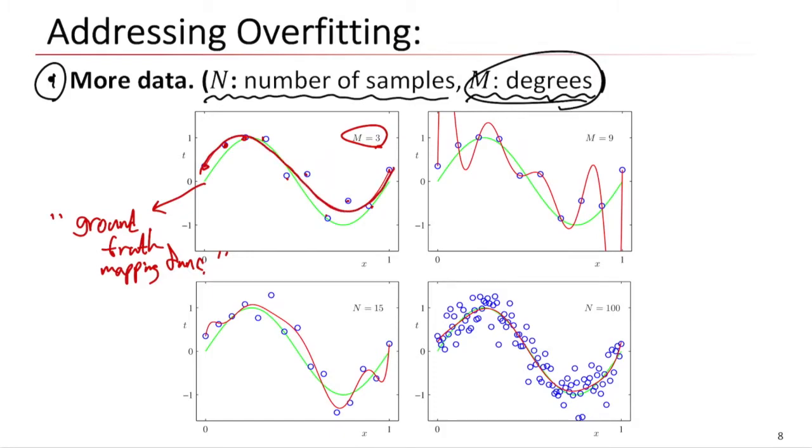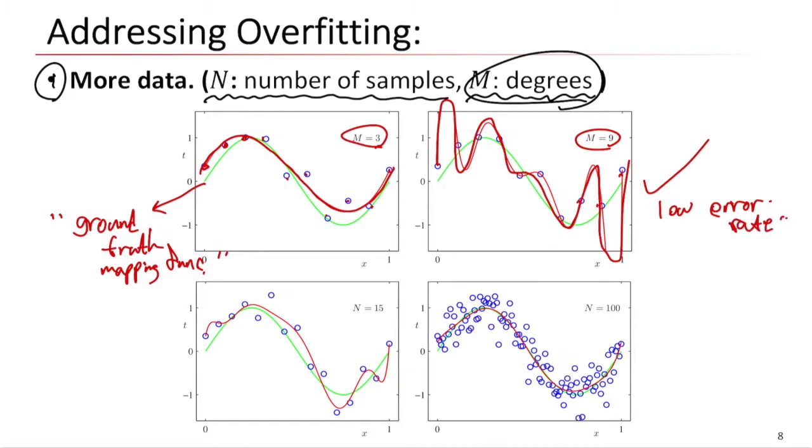Okay. But if we use a much higher dimensional mapping function, a higher degree, let's say m is equal to 9, the shape of the mapping function looks like this. So as we discussed previously, this mapping function has a low error rate, right?